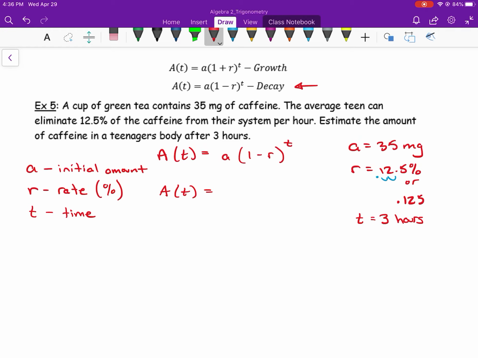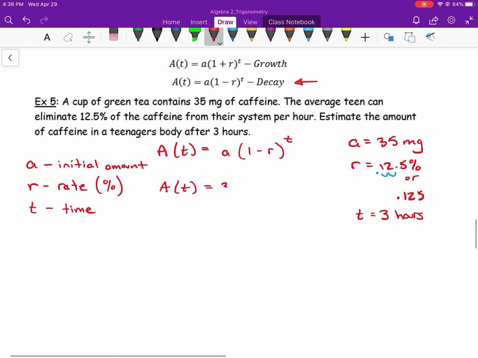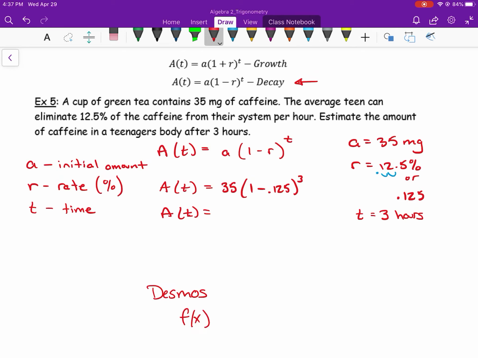So what you have to do is plug into the formula and solve it. That's 35 times (1 minus 0.125) to the 3rd power. You can just plug this into the calculator real fast, or you can make this in the Desmos down here. If you want to use the table, I'll put in x, y terms.